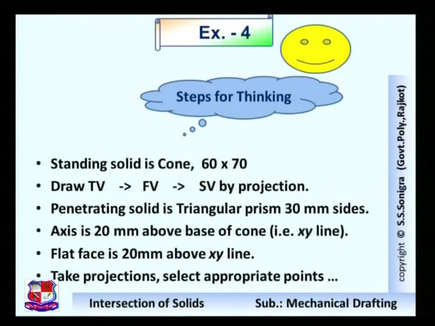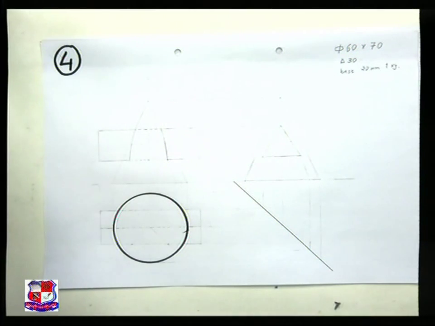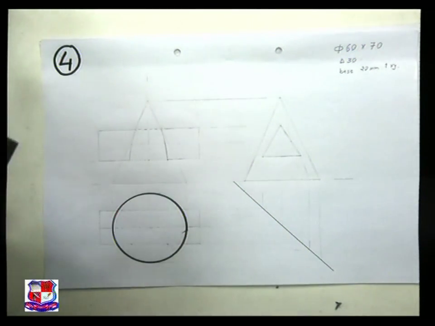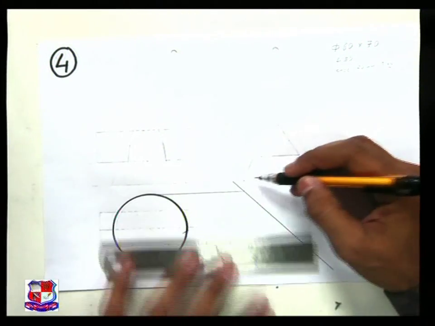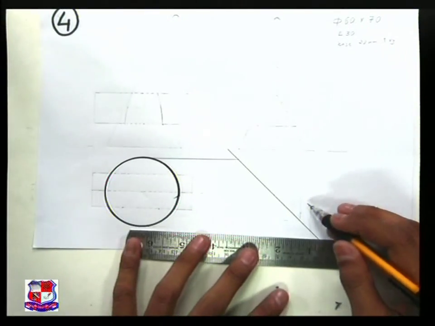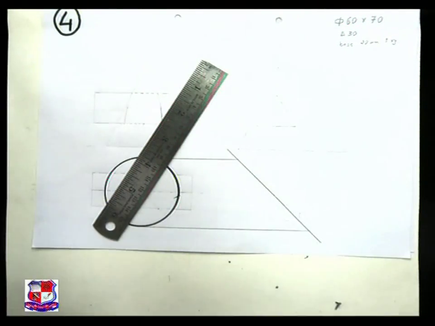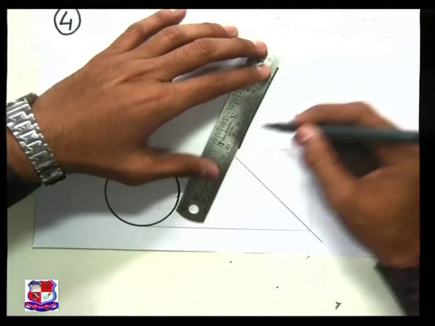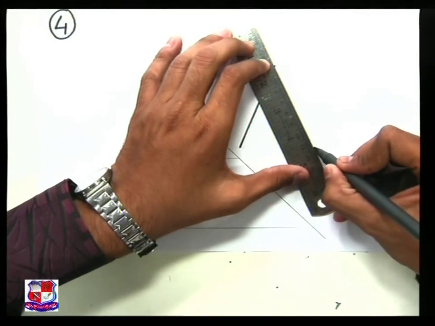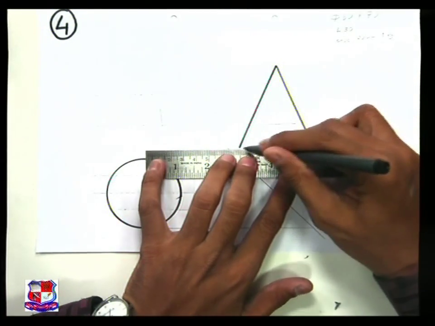So first let me draw top view of this cone. This is the top view of the cone, that is circle, and its side view should be drawn by taking projection from this top view like this, and horizontal line from this end, vertical lines, and we can draw side view of this cone, which is a triangle as represented over here, right?